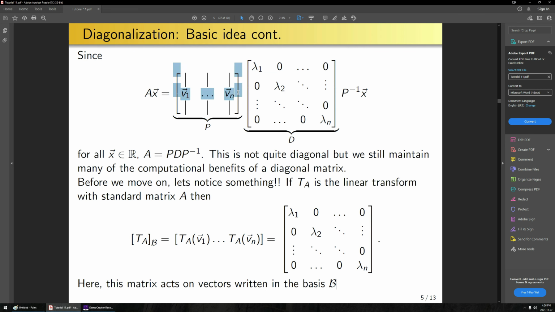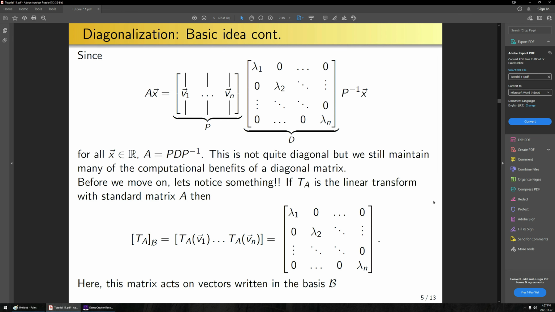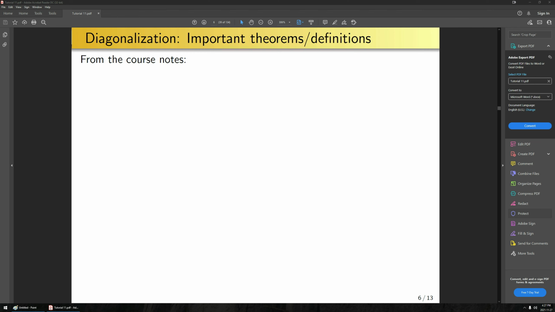But what this matrix here and this matrix here are doing is really just changing the basis for the representation of the matrix for the linear transform T sub A. So yeah, it's kind of beyond the scope of the class, but not so much, but you won't be tested on this directly. But I just wanted to mention that this is a thing you could do to make it perfectly diagonal. Okay, so let's continue from here by discussing some of the theorems in the course notes that we will use.